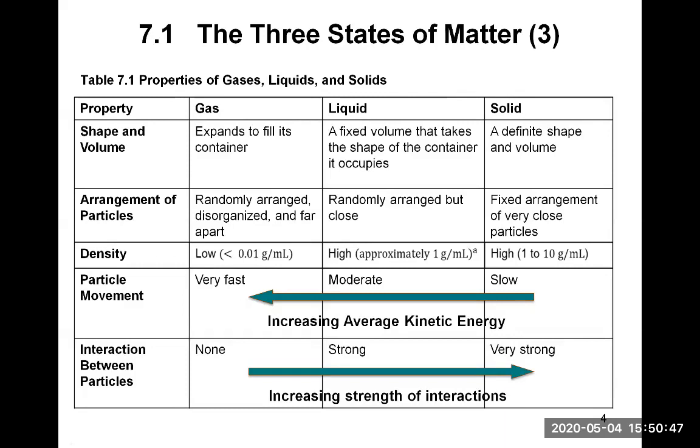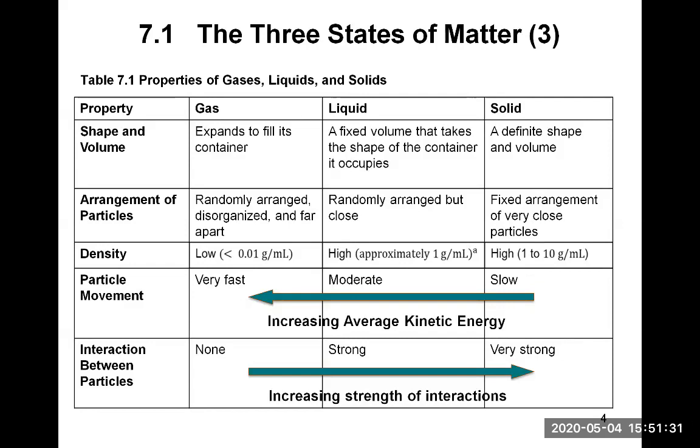And so whether you have a solid, liquid, or gas at room temperature will depend on the balance between the kinetic energy of the particles. The kinetic energy represents the energy of movement of the particles. And so the more the particles move, the higher the average kinetic energy for that substance. For a gas in particular, gases have a very high kinetic energy. And so their molecules are moving very fast. And that's why they're far apart from each other, because they fly around.